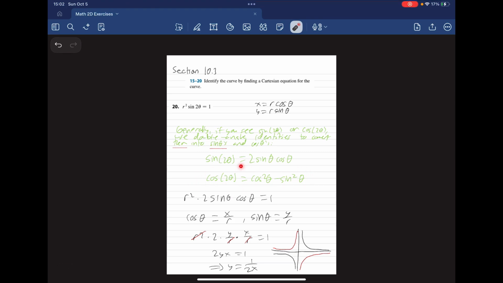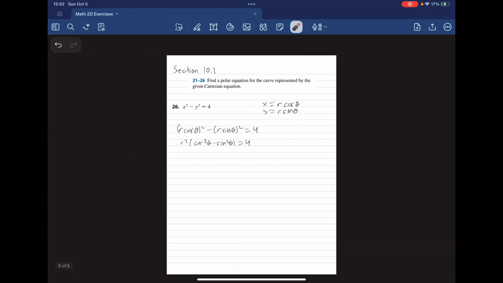And so what we see is that this expression here is just cosine 2 theta. And so our equation actually simplifies to r squared times the cosine of 2 theta is equal to 4. And this is good enough. We don't need to simplify this further.